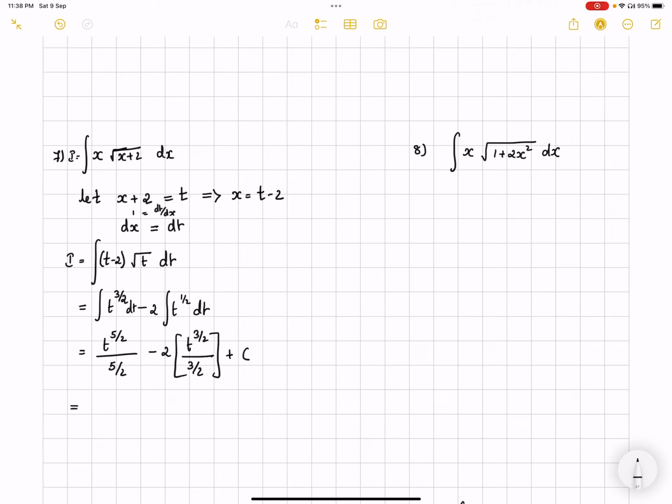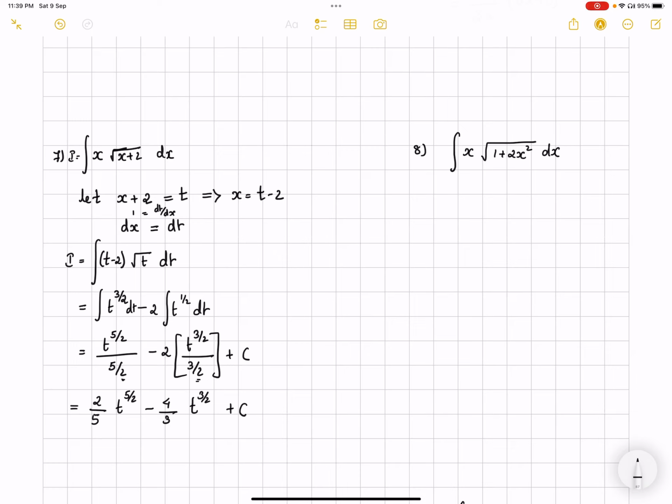So now the 2 in the first term, which is in the denominator, becomes the numerator. I would be getting 2 by 5 t to the power 5 by 2. And then again here the denominator becomes the numerator: 4 by 3 t to the power 3 by 2 plus c.